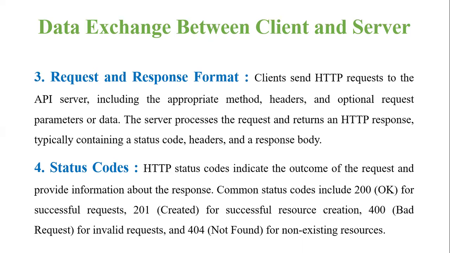So textually, it represents OK for a successful request. 201 indicates the new record is created successfully, for successful resource creation. And 400 is for bad request, which means invalid request. And 404 is not found, which means non-existing resources.